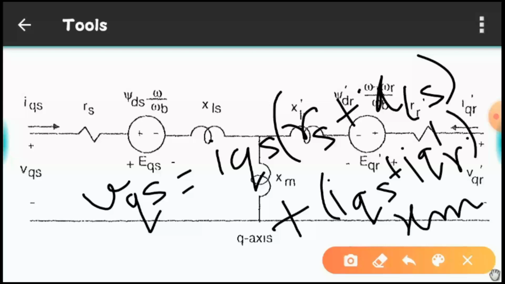Although this may seem like a layman guessing, or a blind person trying to relate to something totally different, there is an analogy here with this I_QR dash X_M, or V_QS. What is V_QS? This V_QS is your stator voltage.